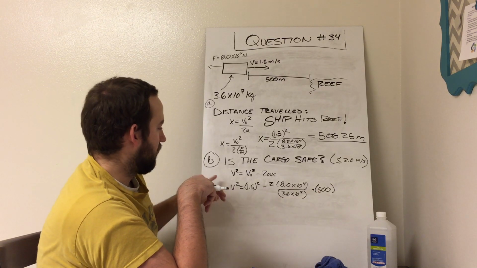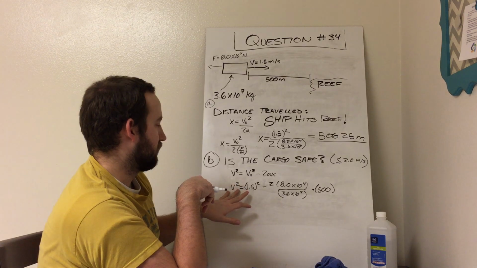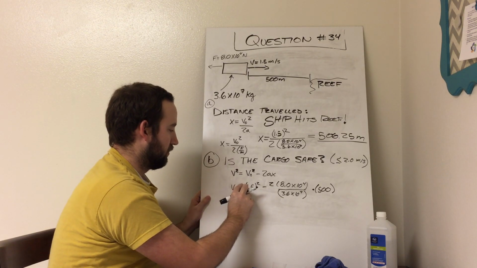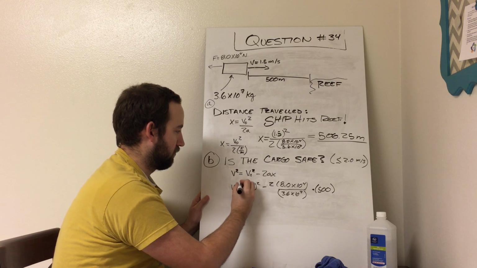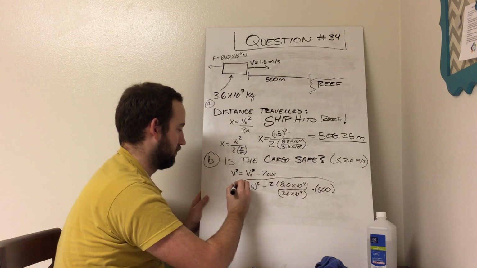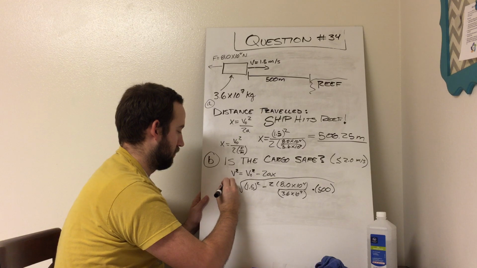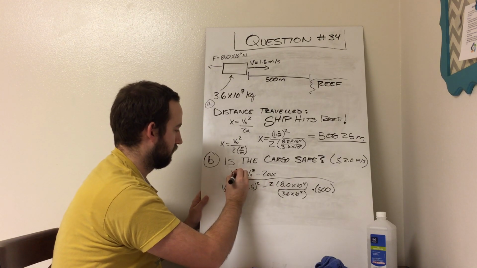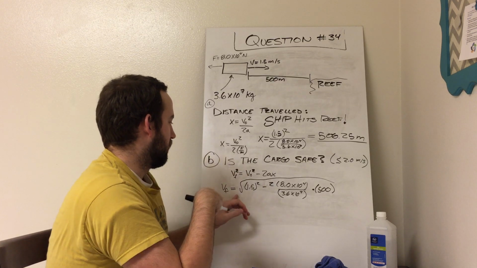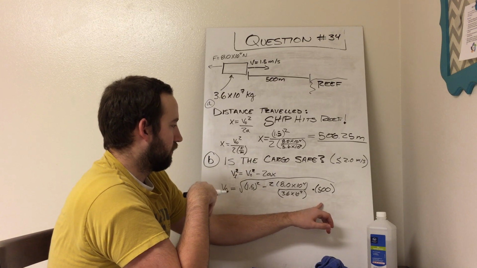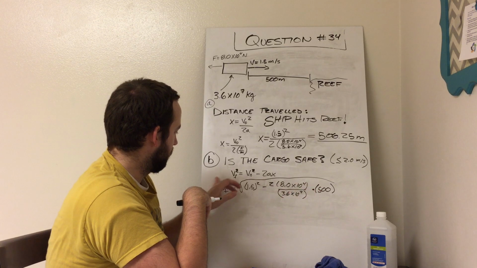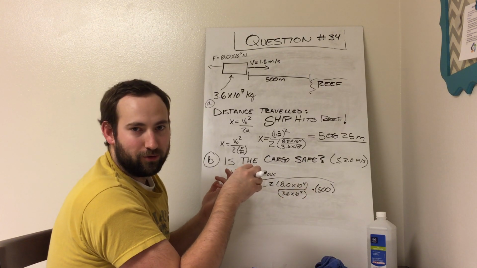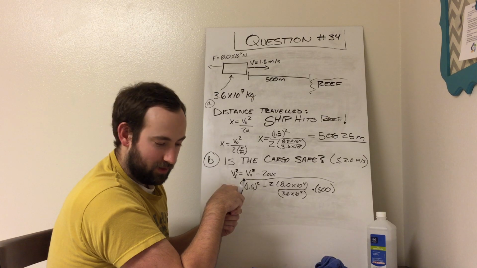The next step, we need to take the square root, since this is velocity squared. We'll take the whole square root of all this and call that v final. Now we only have one variable, so it's down to simple math at this point.